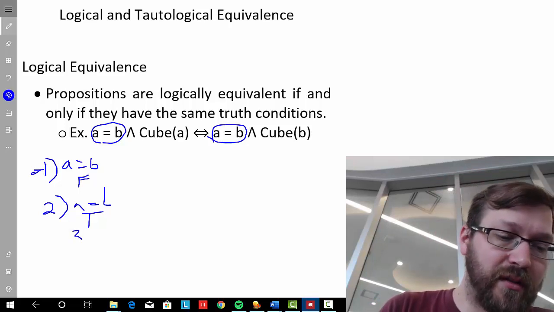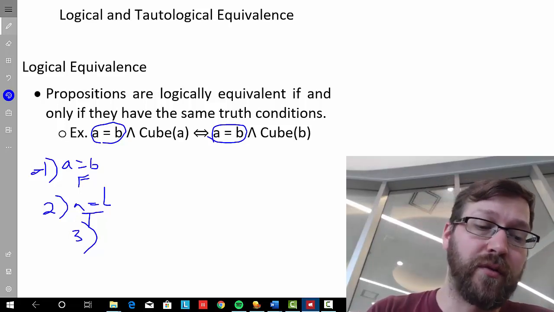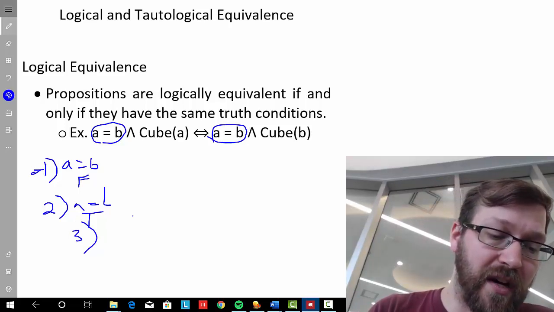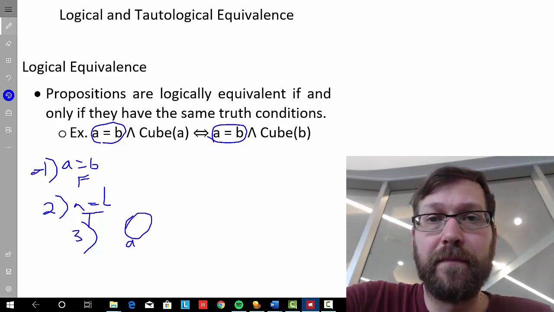So one situation that would make our second conjunct false is the situation in which A is a non-cube of some sort.